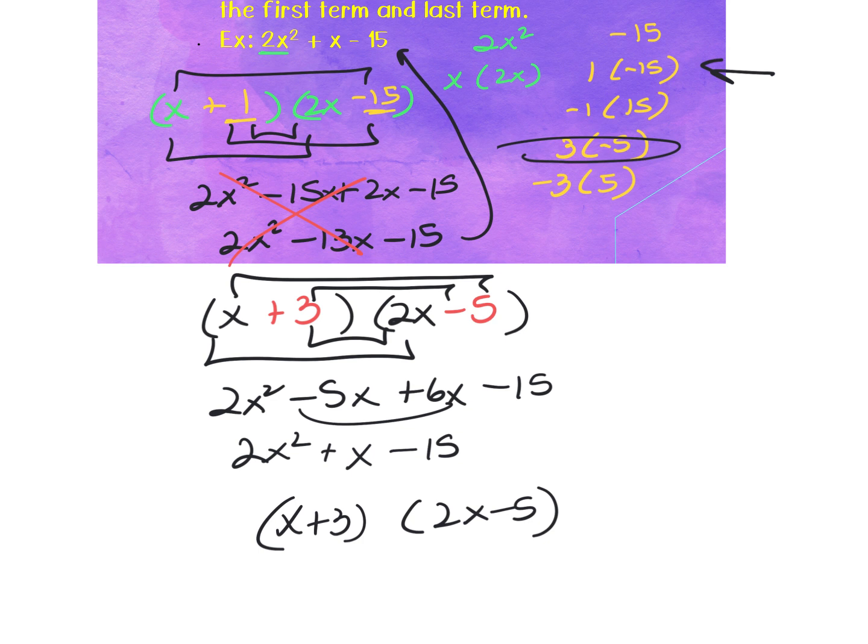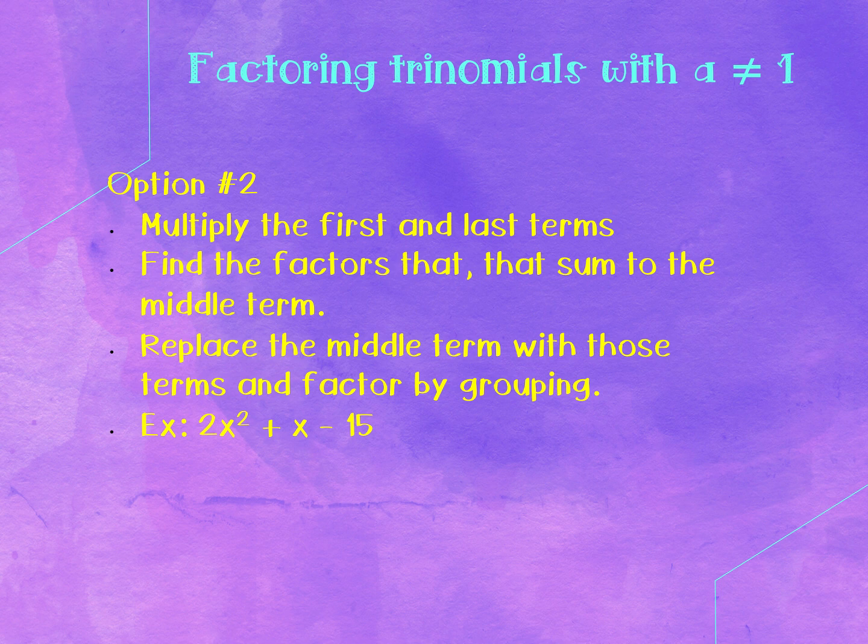All right? Now I'm going to do the same problem, and I'm going to do factor by grouping. This is the technique that I highly recommend you do. Now, again, there are all kinds of tricks out there that teach you how to factor, but just make sure that if you're going to use a trick, that you understand what you're doing.